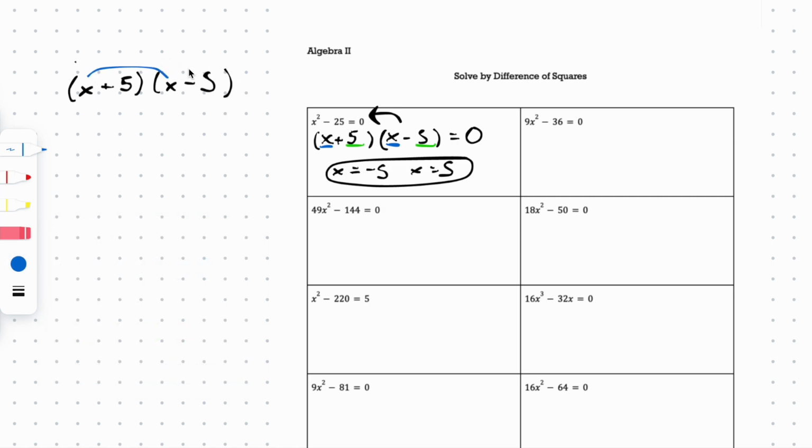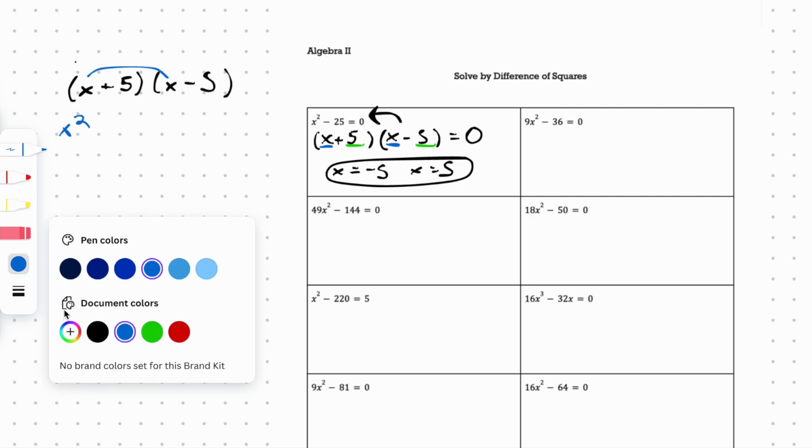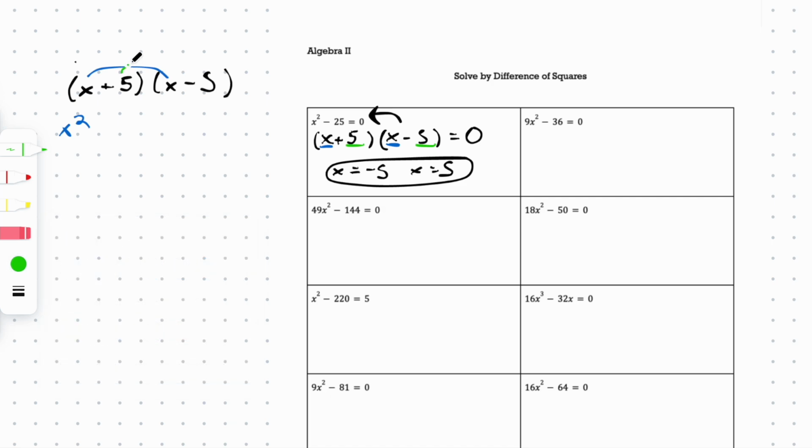Remember, when we FOIL, we go from each part to the other part in the other parentheses. So we do x times x, we get x squared. Then 5 times x, we get plus 5x. Negative 5 times x, we get minus 5x.